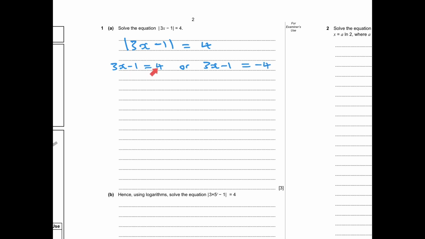So that there is for the positive, and here it's for the negative. Okay, so we are going to solve these two equations separately. So the first one is going to be 3x minus 1 is equal to 4. So we're going to get negative 1 to that side. We're going to get 5.